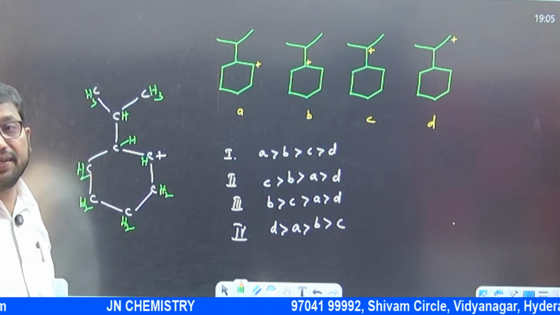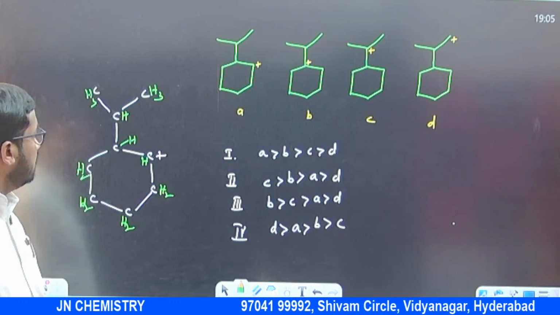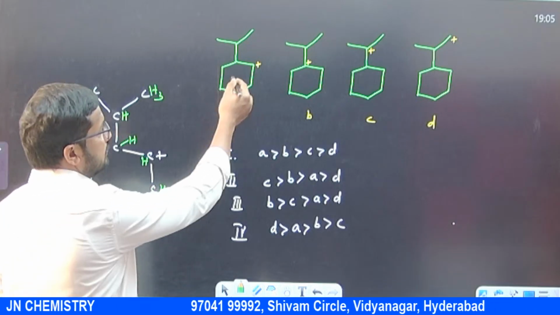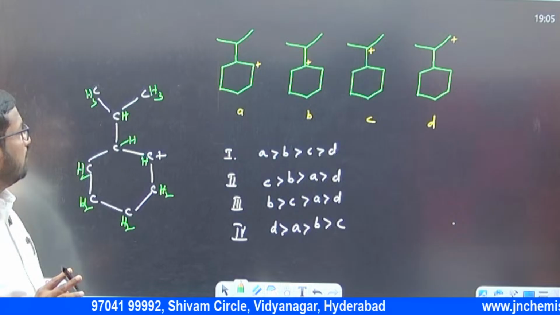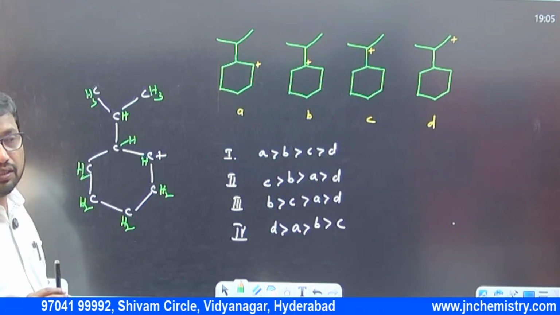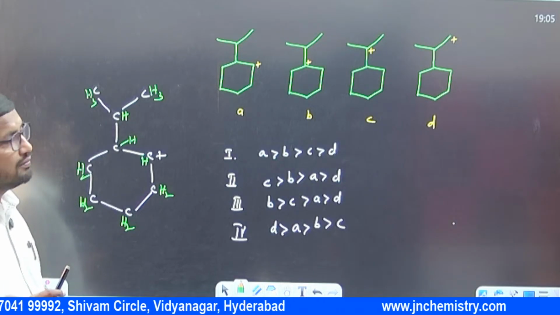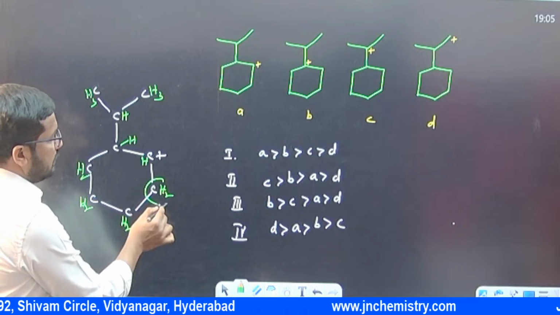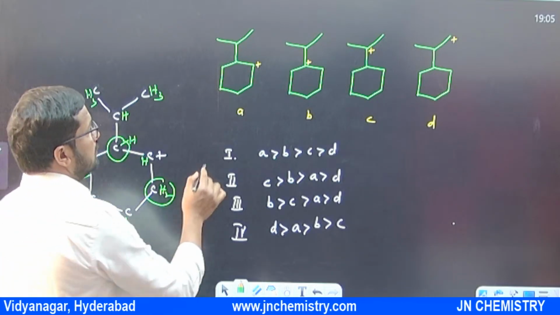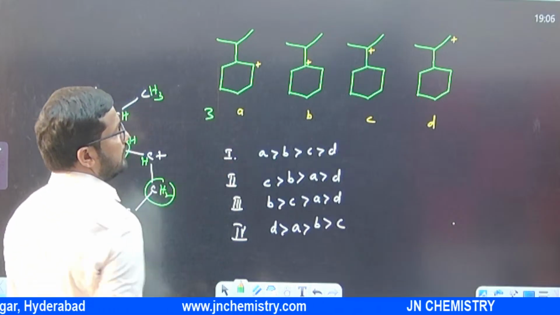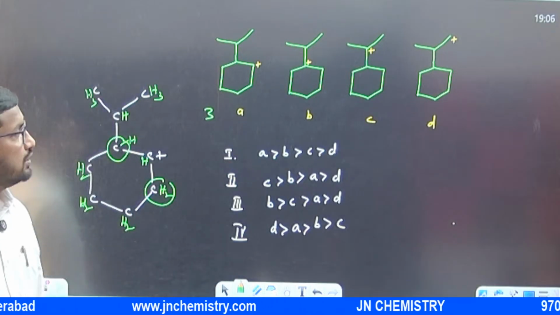So in A case, how many alpha hydrogens? 4. 3. So here, this is alpha, this is alpha. 3 alpha hydrogens.